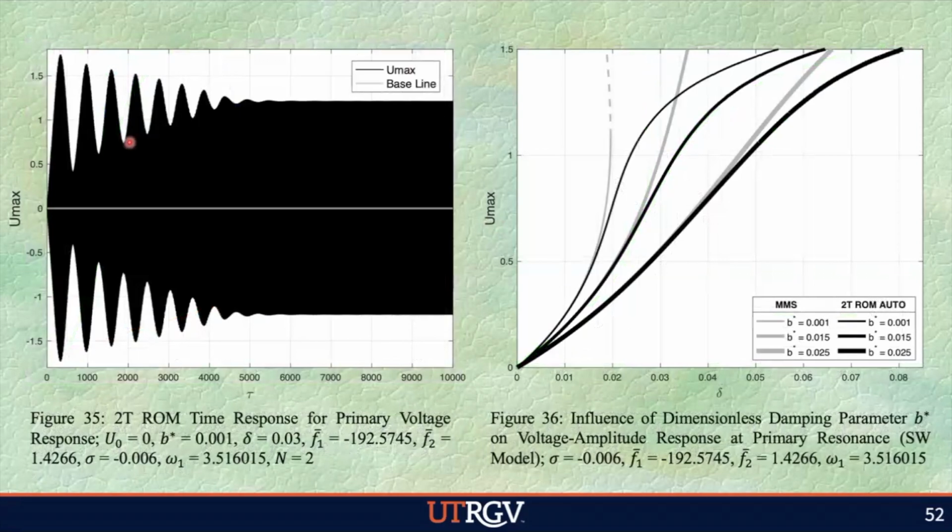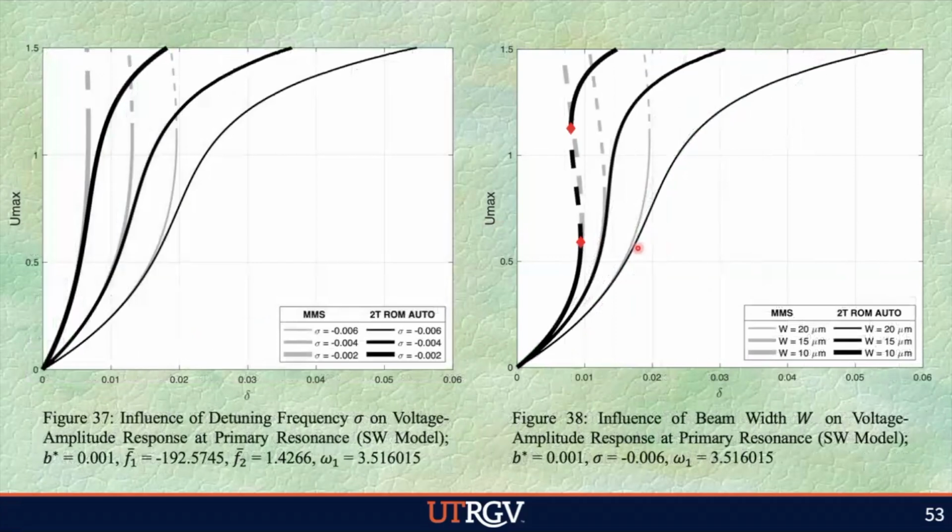Here you can see another time response. On the right, increased damping causes the voltage response to become more linear. And here we see how adjusting the frequency or beam width both lead to similar responses.